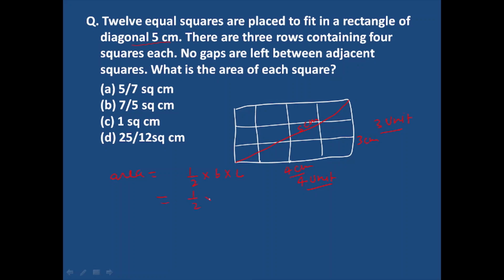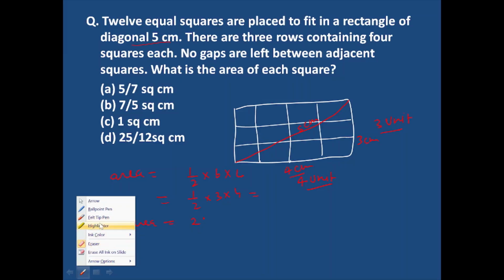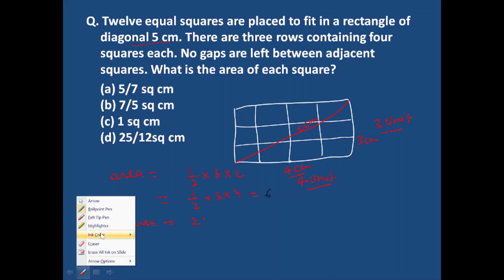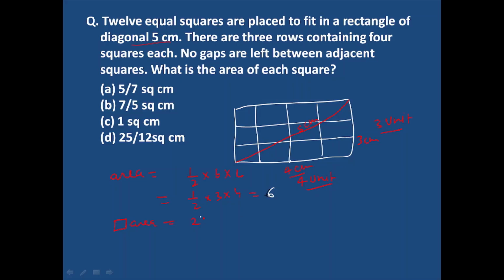So this is half into 3 into 4, and this will become 6. So the area of half of the rectangle is 6 units, and the total area of the rectangle will be 12 square centimeter.